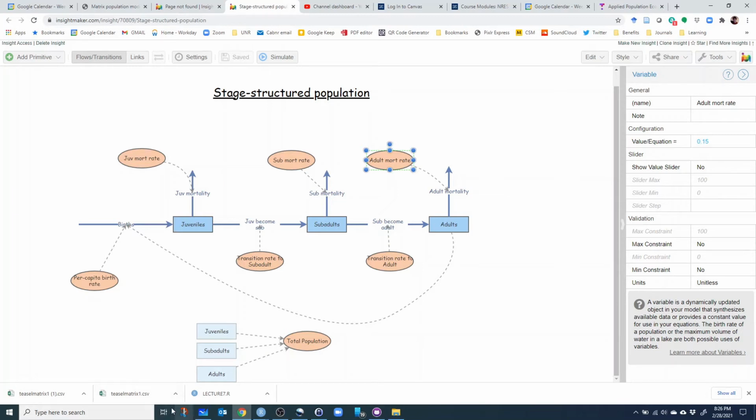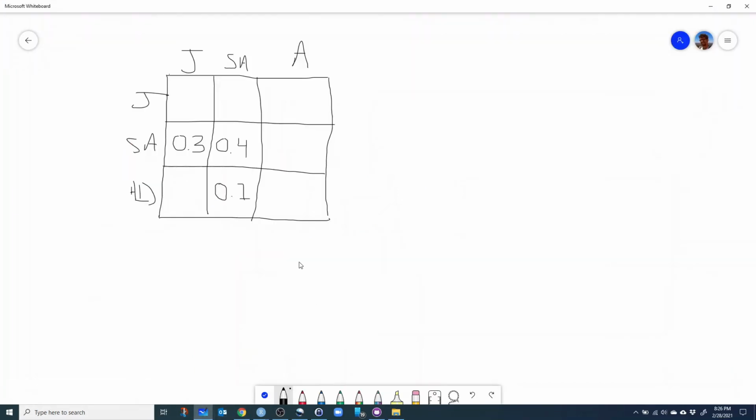All right, that's a pretty easy one. We can just go fill that in. 0.85 is the chance of surviving. I'm an adult this year, surviving to the next year and staying in the adult stage. Otherwise, you have a 15% chance of dying.